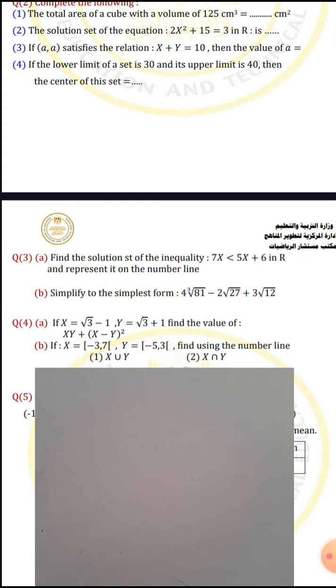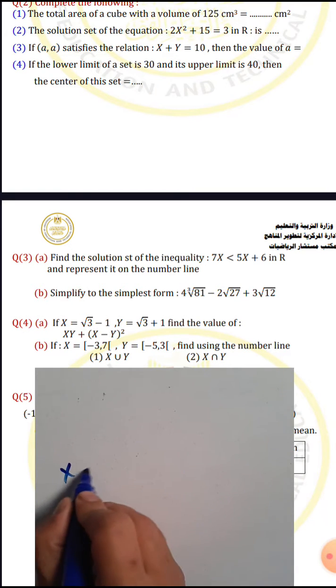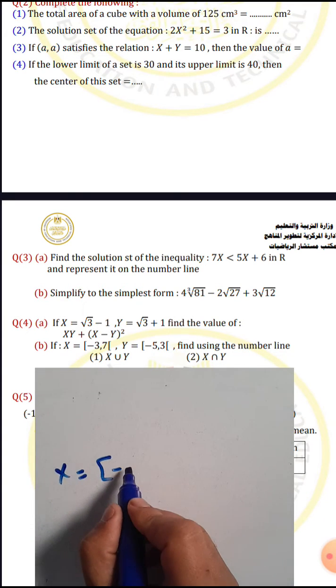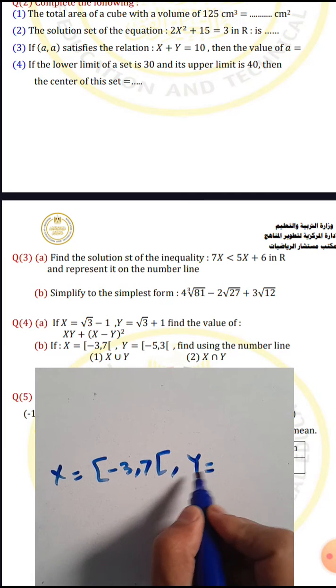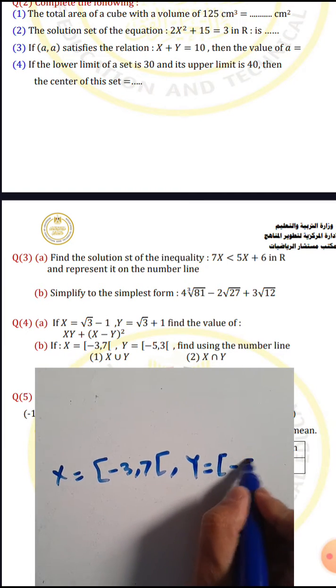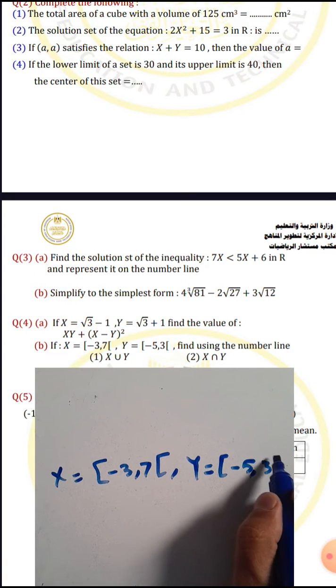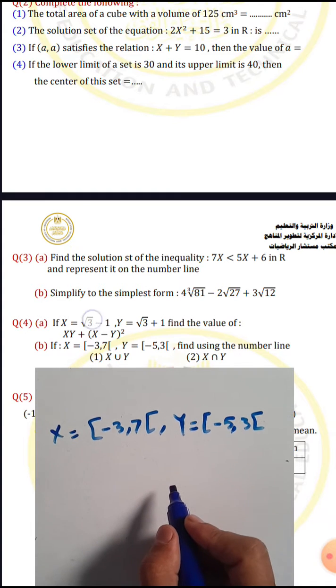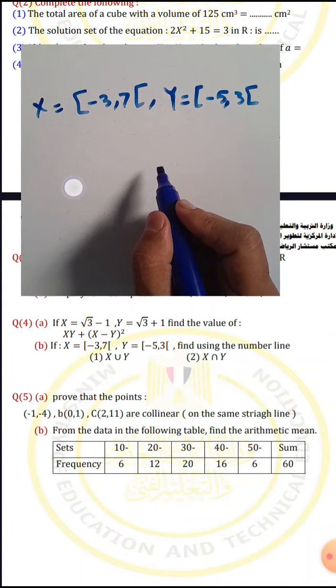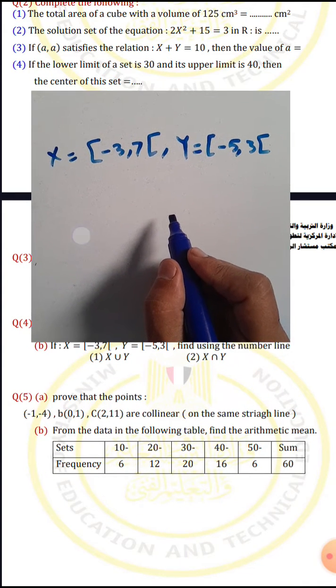next example. If X equals the half-closed interval negative 3 to 7, and Y equals the half-closed interval negative 5 to 3, we want to find the intersection between the two intervals, and also the union.